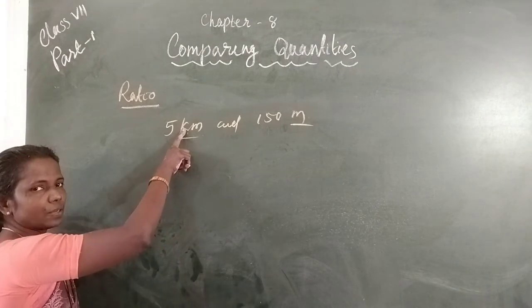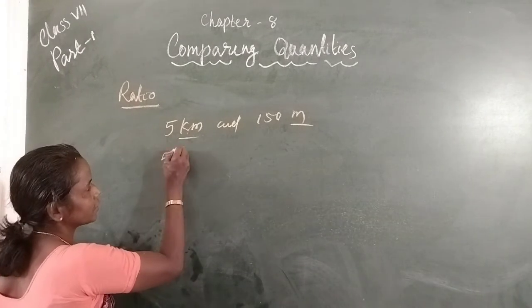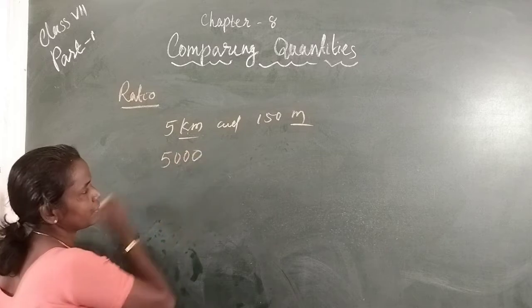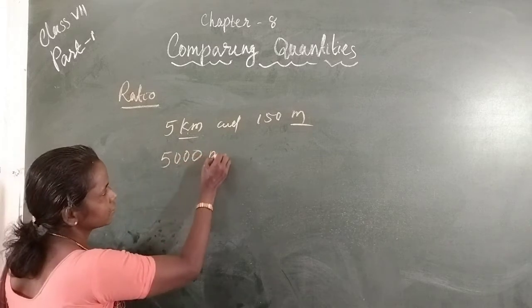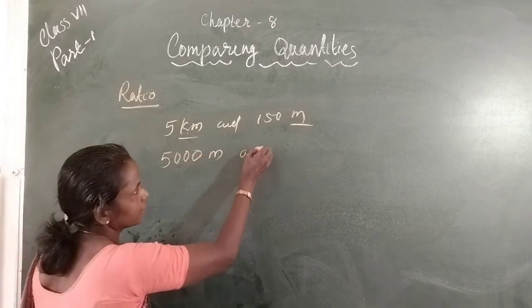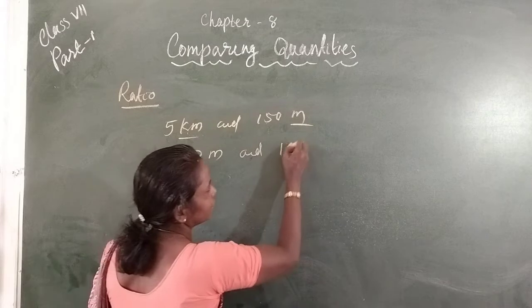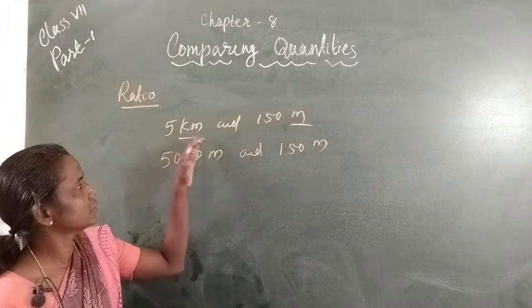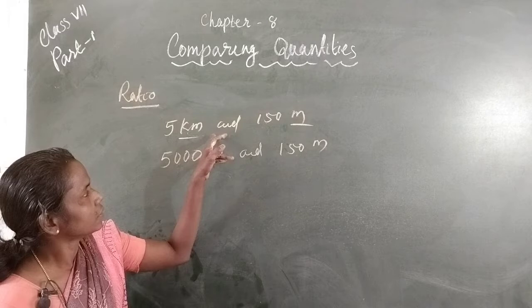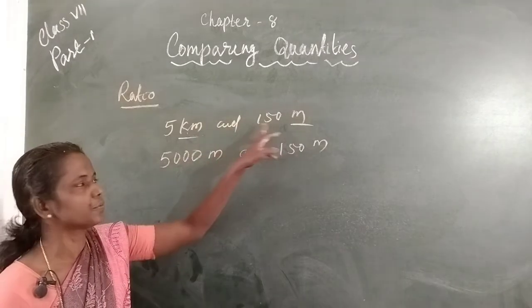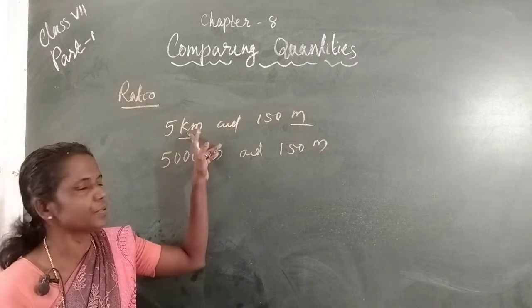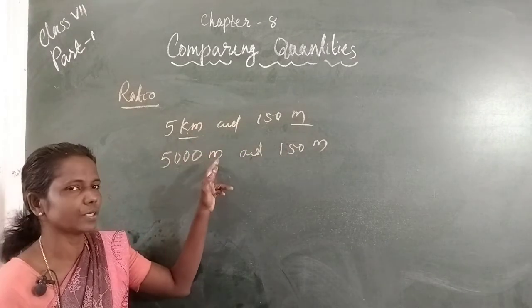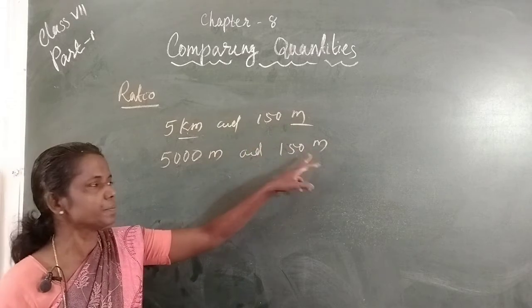So 5 kilometer is equal to 5000 meter, and 150 meter. Now we have converted different units into the same unit. Kilometer is converted into meter, and this one is already meter.